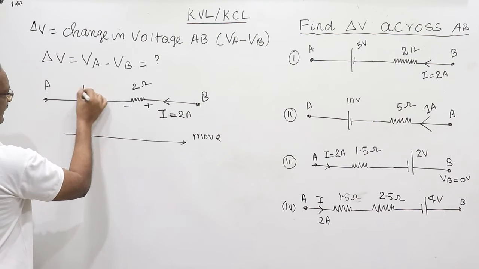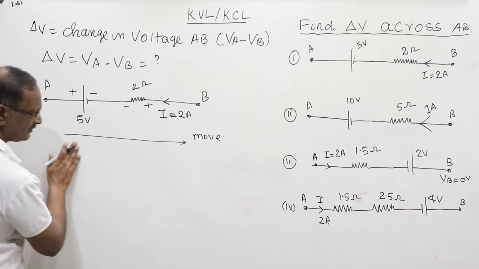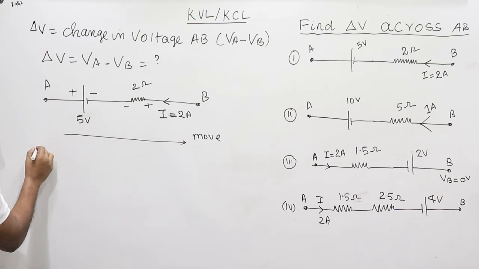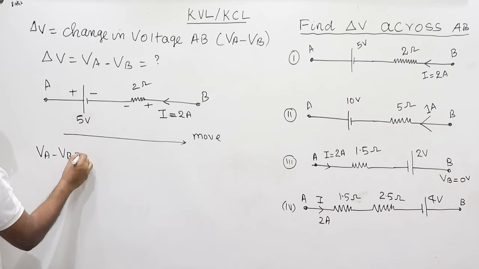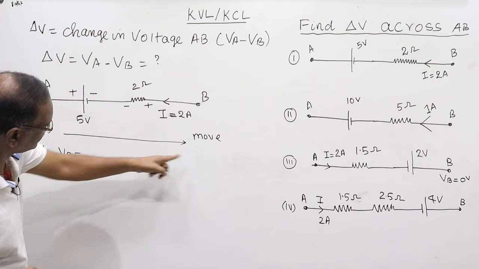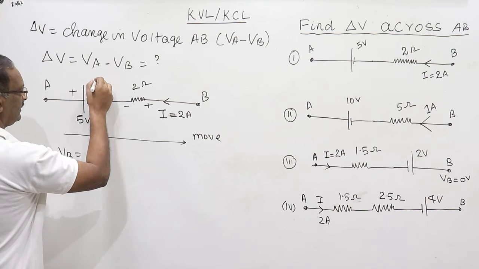And this is battery negative side, this is battery positive side. And we are moving this way because we have to find out VA minus VB. First we are coming, what is the potential here, what is the voltage here.